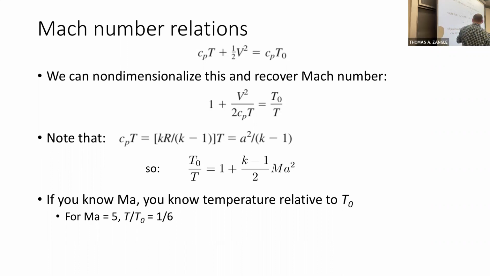What this tells us is that if we know the Mach number at a given point within the flow, then from this relationship we also know the temperature relative to the stagnation temperature. So if our Mach number is 5, then T over T naught is about 1/6.